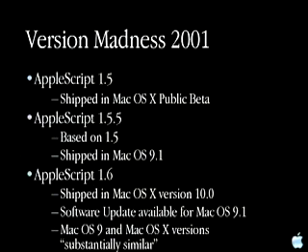And when we came out with Mac OS X, we shipped 1.6 on Mac OS X, and then shortly thereafter as a software update for Mac OS 9. I highly recommend that you run AppleScript 1.6 if you have Mac OS 9.1. It's really the right version to be running.